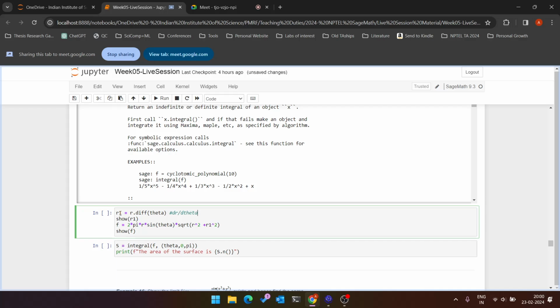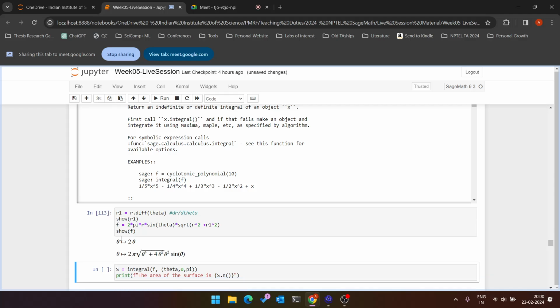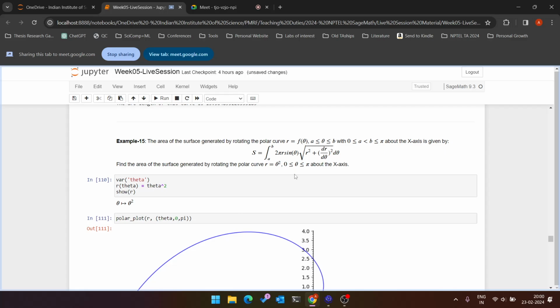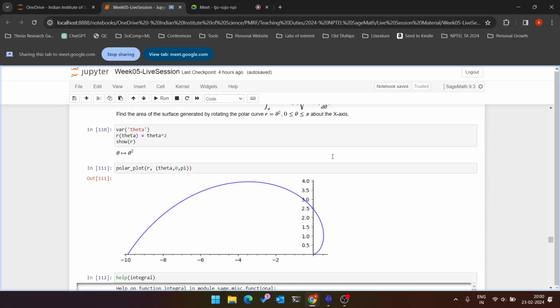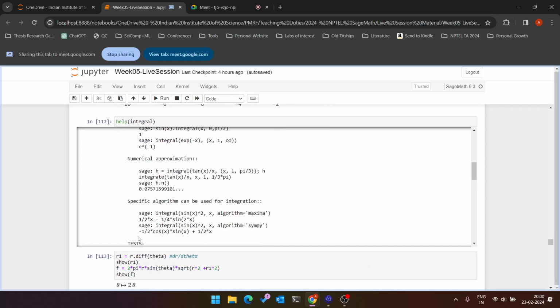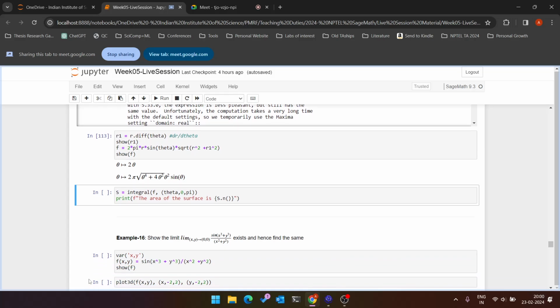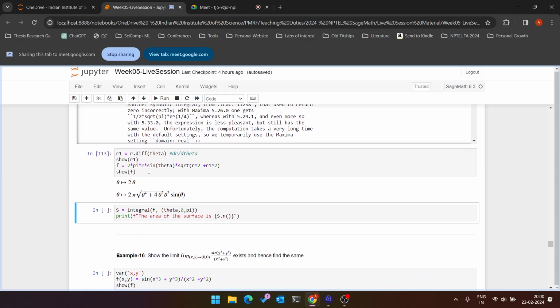And so it's as expected, it is 2 theta. We next define our function, which is 2 pi r sine of theta, the square root of r square plus dr by d theta whole square, which is what this integrand looks like. So in our case, it looks like this. And now we want to calculate the area of this surface.